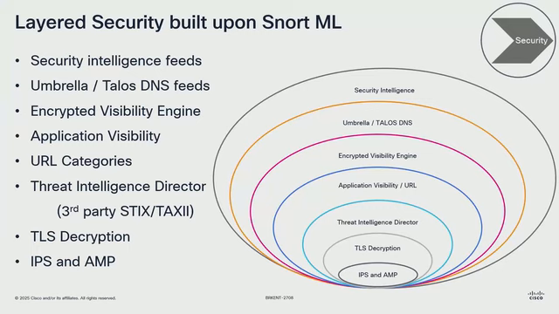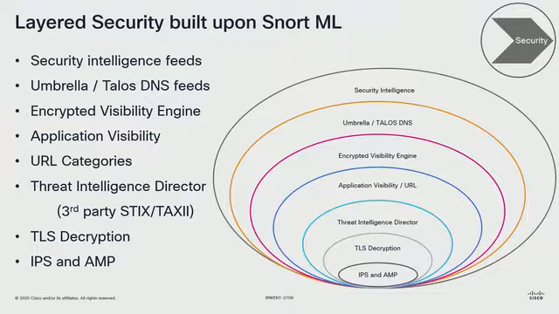Then I have the encrypted visibility engine look at it. Does this fingerprint it as malicious? No, and you get the idea. As you go further down, one of the last steps is, okay, now this is something unusual. I want to decrypt it, and I can run my IPS inspection and AMP. So this is the model for Cisco Firewall for inspecting traffic.